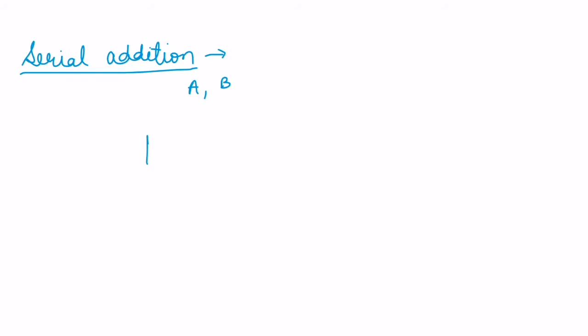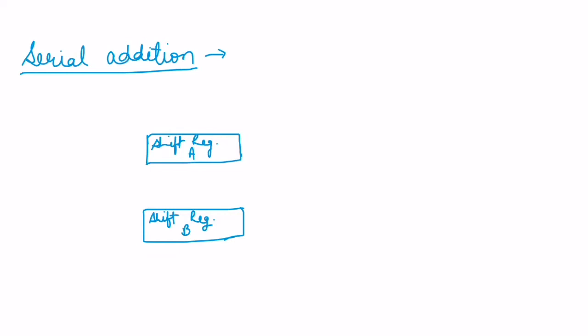Suppose a shift register is represented by A. Shift register means that with every clock pulse a bit from register A and B will come out, so there are two serial outputs. In a shift register we must have a common clock pulse represented by CP and a signal which indicates shifting, that is shift right.